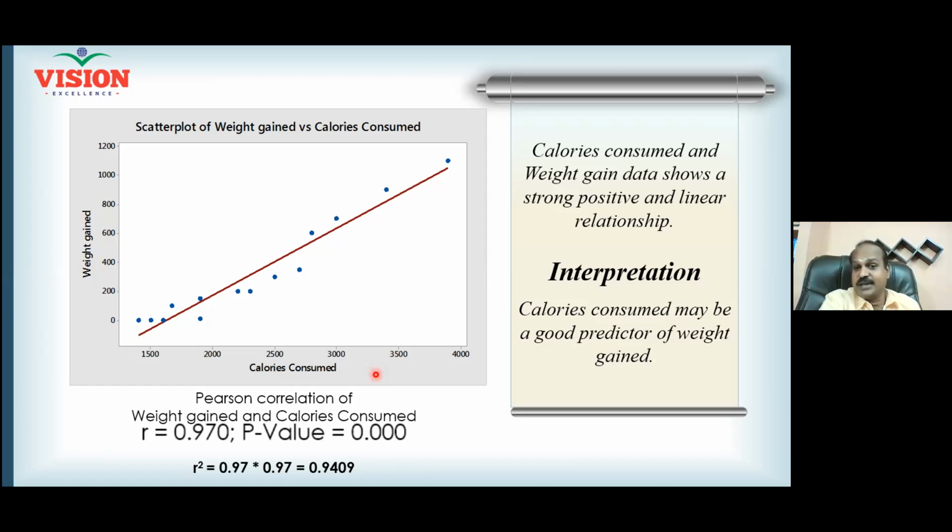Now you can make him gain weight or lose weight simply by adjusting his calorie consumption. If he wants to increase weight, then give him more calories. If he wants to decrease weight, then give him fewer calories. But this formula will work only for Mr. X, not for you.